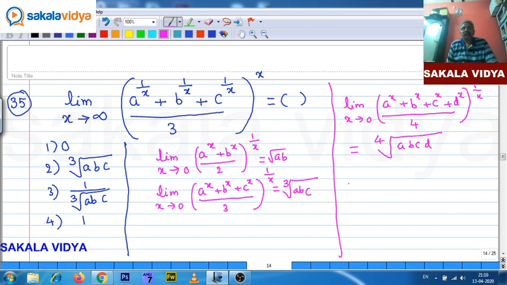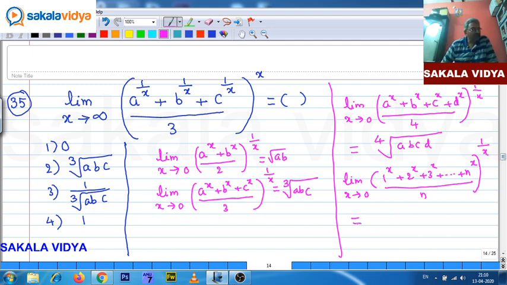Okay. Now limit x tends to 0 of ((1 power x plus 2 power x plus 3 power x and so on up to n power x) upon n) all to the power of 1 by x. Tell me what is the answer?